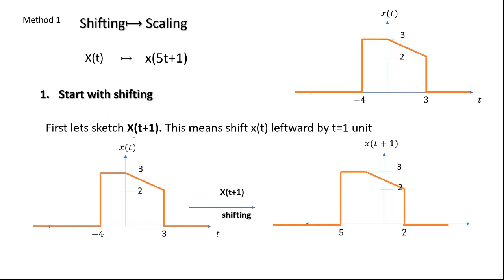So first let us perform the shifting operation. So this is x(t plus 1). Since this is t plus k format, the signal will shift leftward by 1 unit.